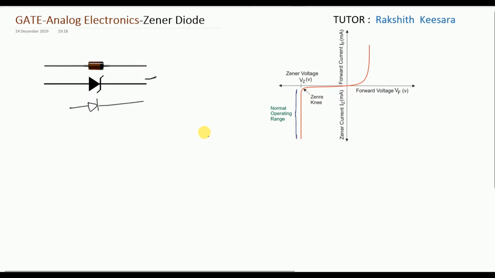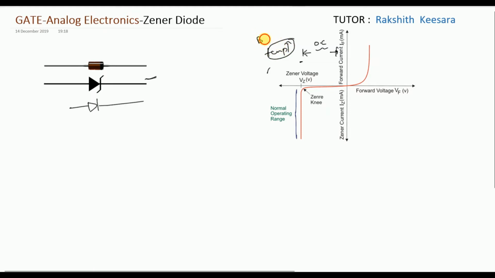Next, if you see the characteristics of the normal diode, while applying reverse bias across a normal diode, it will act as an open circuit. If we still increase the reverse voltage, at some point the temperature will become very high and the normal diode cannot withstand this much temperature.